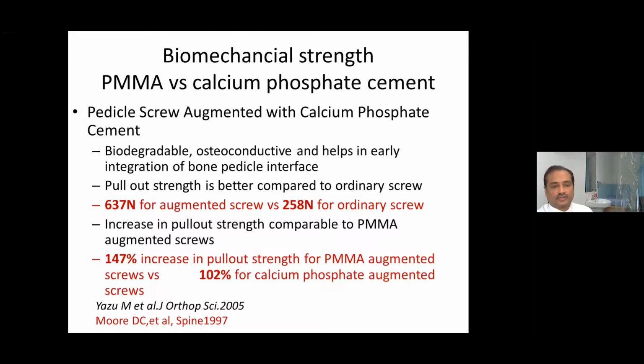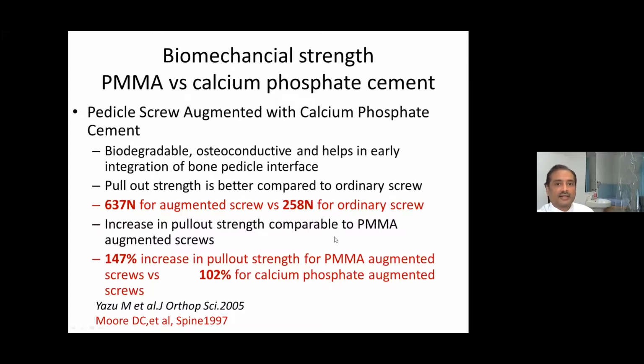So how do you compare the biomechanical strength of commonly used cements like polymethyl methacrylate compared with calcium phosphate cement? Calcium phosphate cement is biological, biodegradable, osteoconductive, and does not give any exothermic reaction at the time of delivery. Hence, biological cements like calcium phosphate, tricalcium phosphate, and hydroxyapatite cements have been increasingly tried.